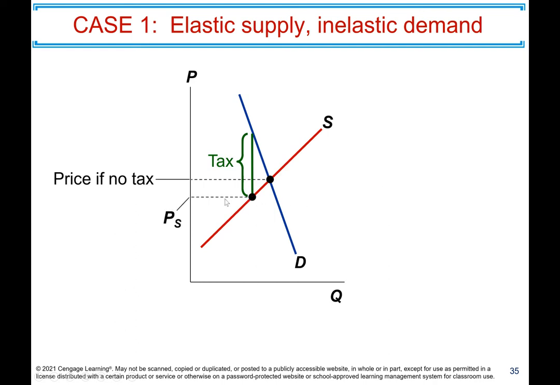You extend that perpendicular to PS to establish what the seller will receive, extending from the supply curve. And this is the price that buyers will pay, a perpendicular from the demand curve.